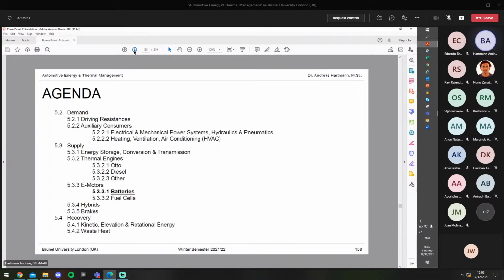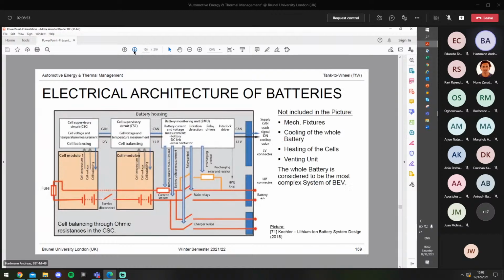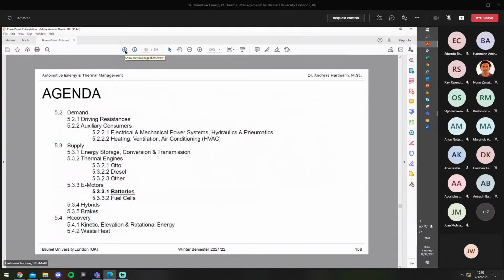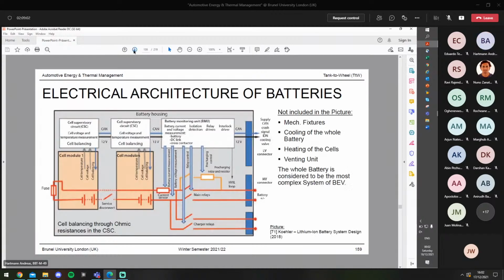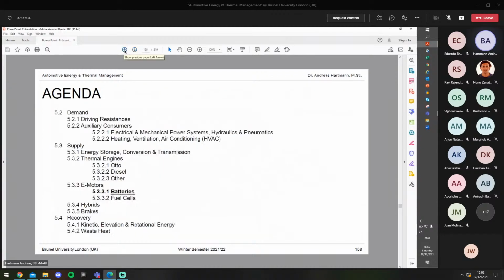Great. Then let's talk about the battery of an electrical powertrain. But first of all, before moving on with the lecture notes, do you know of which components a state-of-the-art high voltage battery consists of?